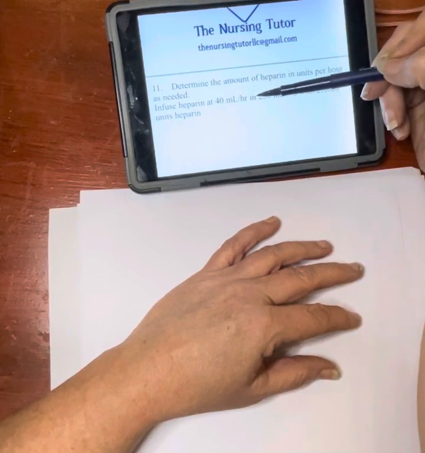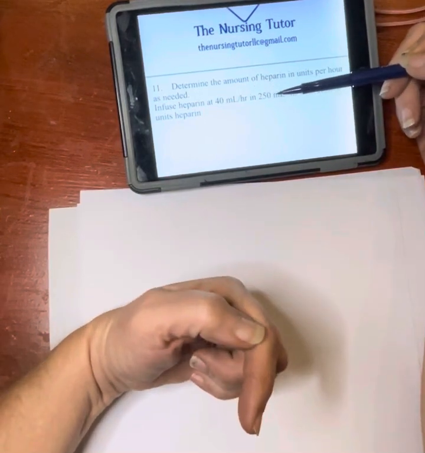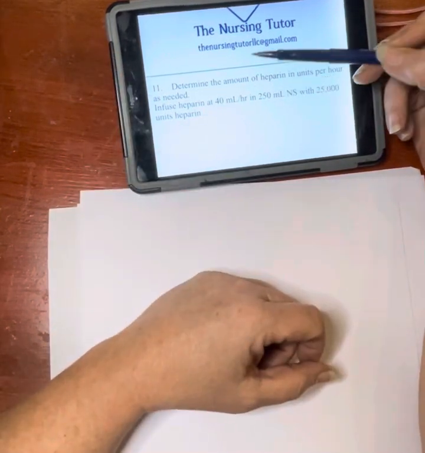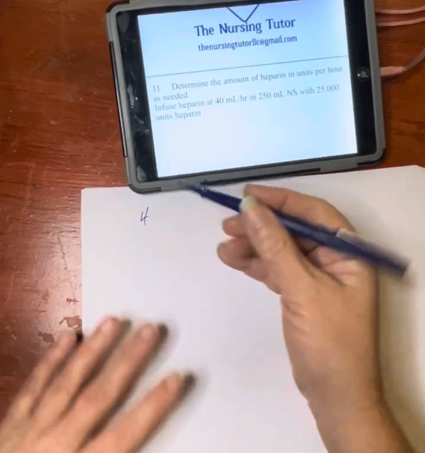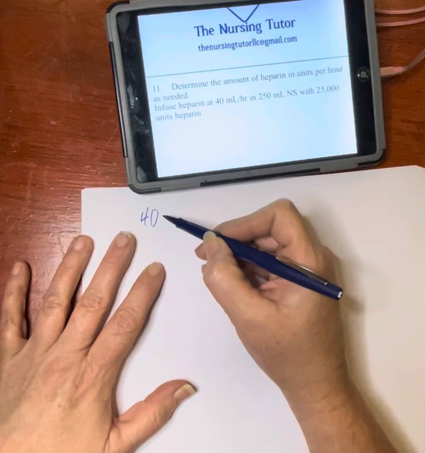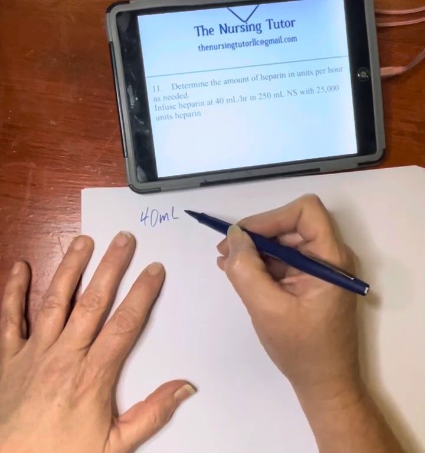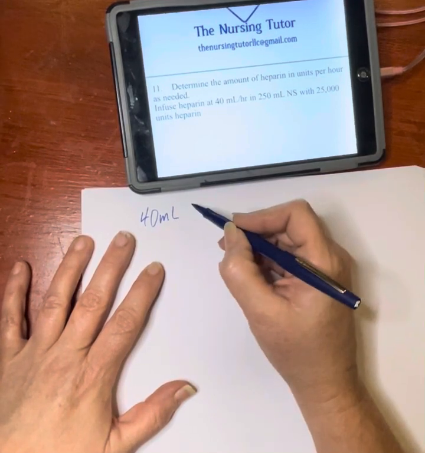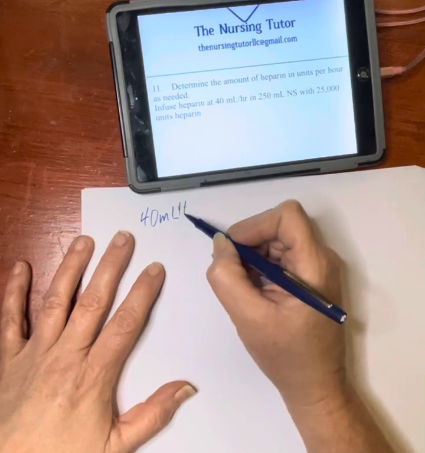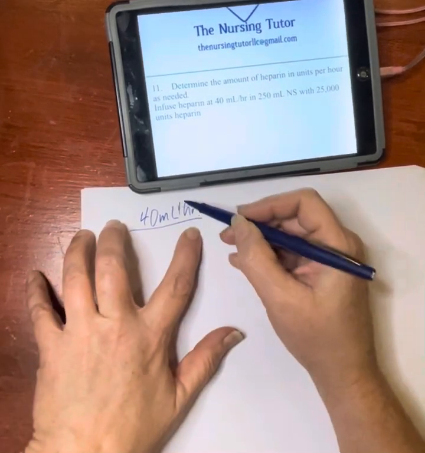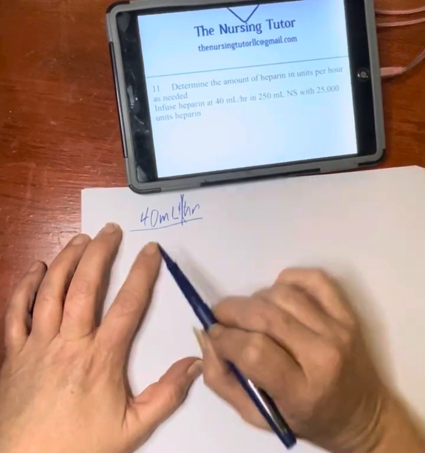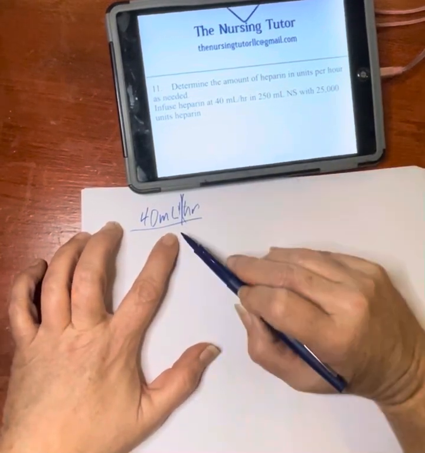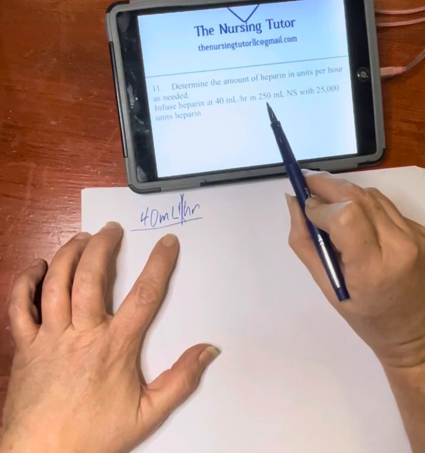So 40 milliliters an hour, I didn't decide that. That's what he decided. So in this case, that's going to be what he wants. If he could have his best wish, he'd like for that heparin to go in at 40 milliliters an hour. And you can put per hour so Ethel can see it and not have questions in her mind about your math. So look, what do I have that matches milliliters? 250.